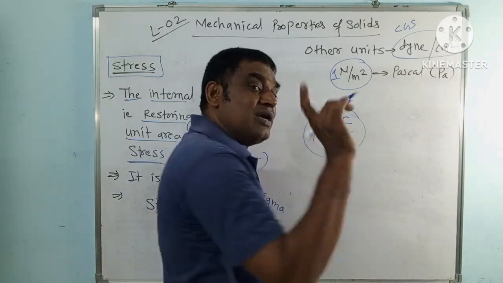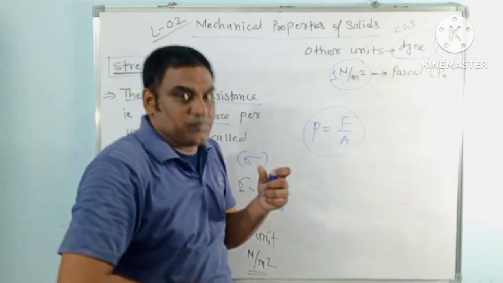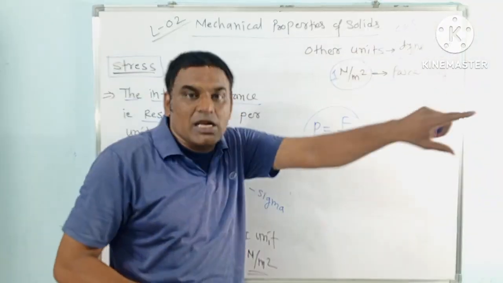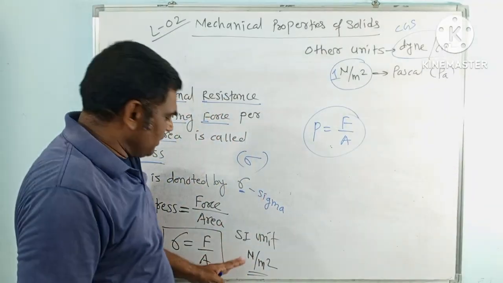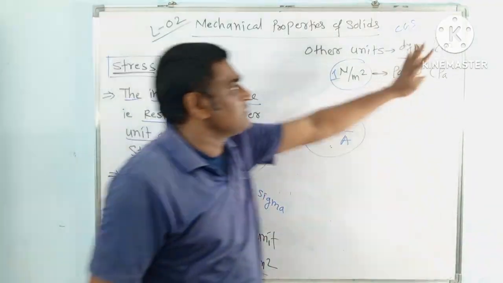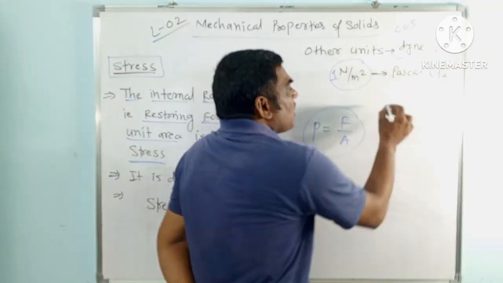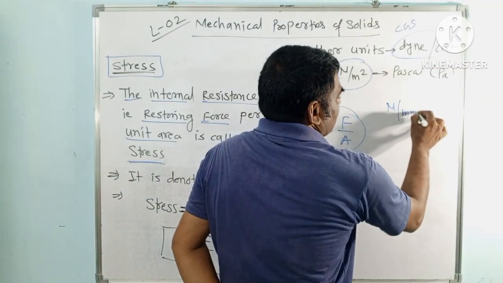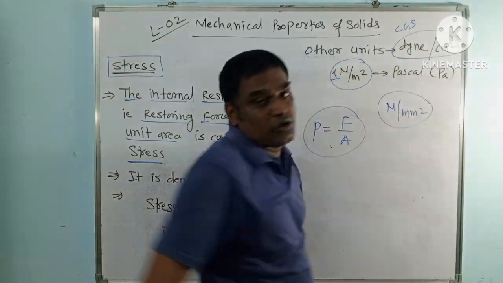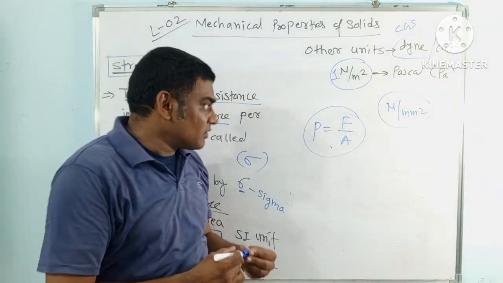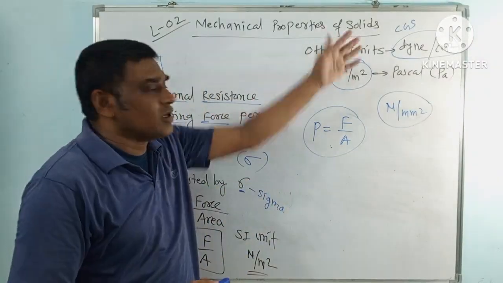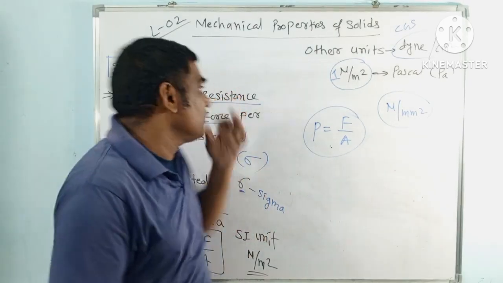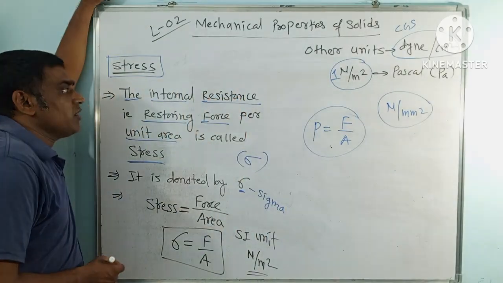So in detail we will learn that in mechanical properties of fluids. But for stress mostly we use Newton per meter square, Dyne per centimeter square, Pascal sometimes, or Newton per millimeter square. We will come across these units again while solving numericals.